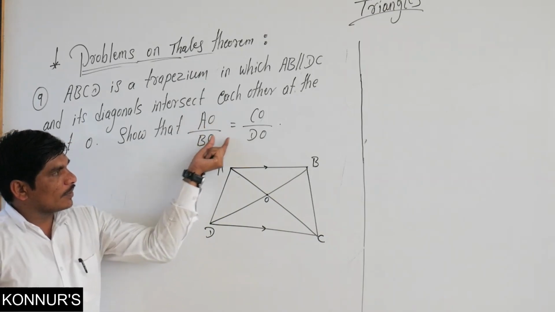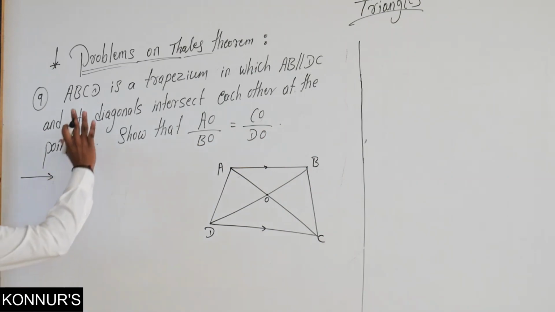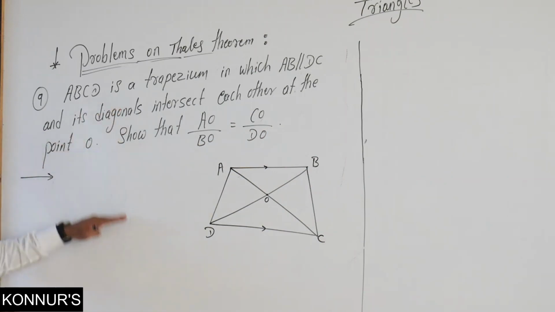Then the next point is you have to prove AO divided by BO is equal to CO divided by DO. Here, first you have to write all the given points.